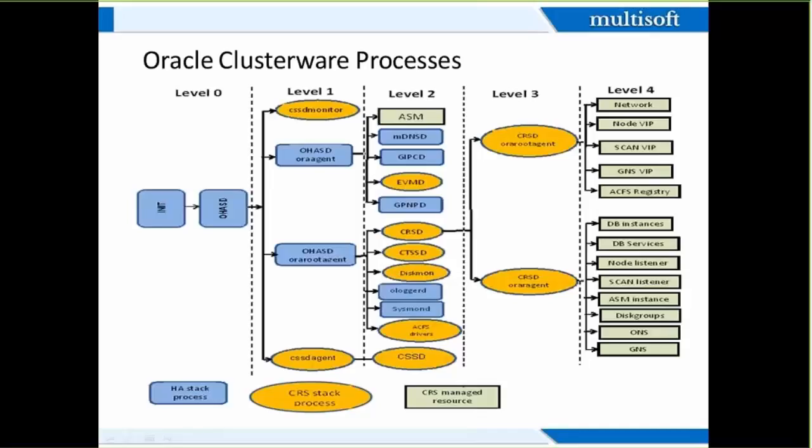The CRSD process in level 3 is again divided in two parts: CRSD orarootagent and CRSD oraagent. CRSD orarootagent will start the resources on level 4 that are related to network, node VIP, SCAN VIP, GNS VIP, and ACFS registry. And CRSD oraagent will start the DB instance, database services, node listener, SCAN listener, ASM instance, disk group, ONS and eONS, right?